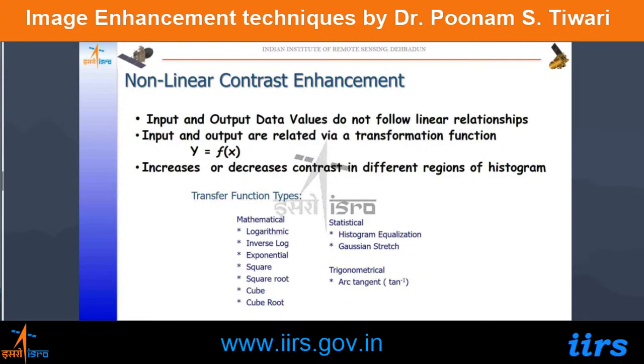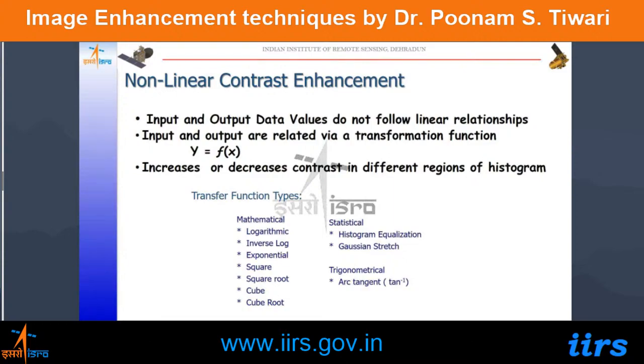Some common non-linear contrast enhancement methods are logarithmic, inverse logarithmic, square, and square root. Within this statistical category, we have a very important stretching, that is histogram equalization. We can also apply some trigonometrical functions.